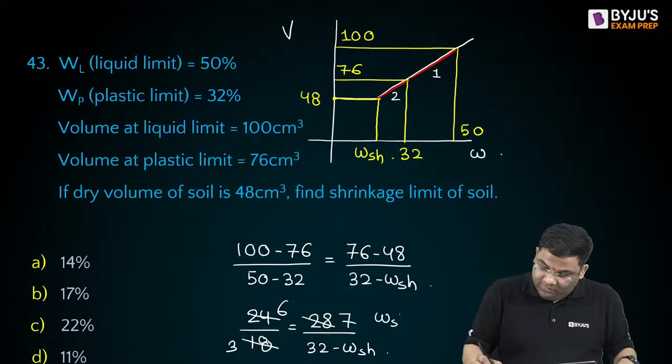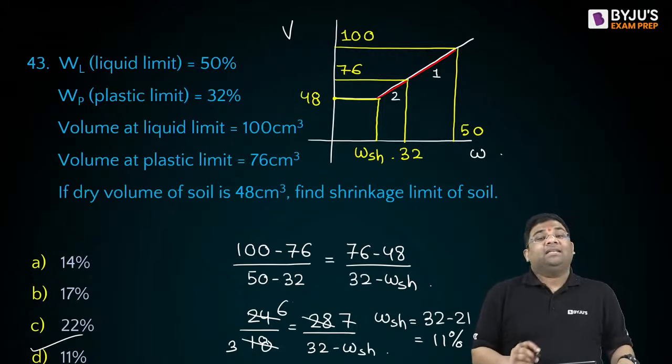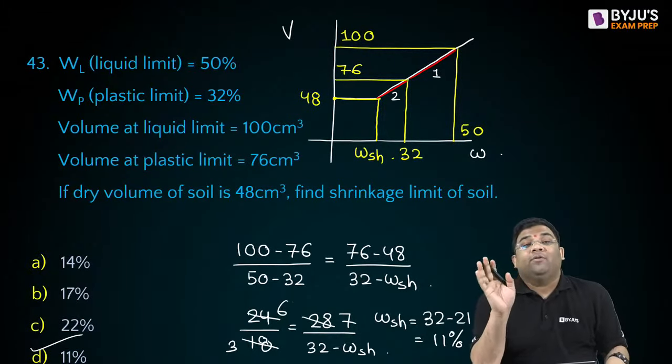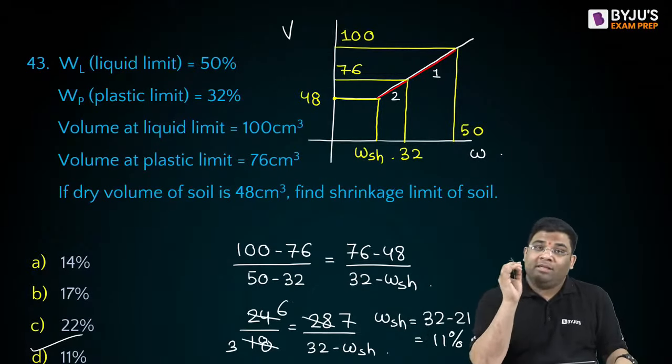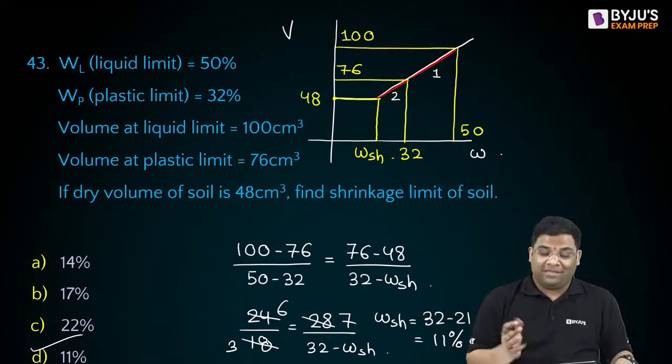So WSH will be equal to 21. So 32 minus 21, you're getting 11, right? Understood this question? So they can ask a question like this. Now if you understood the concept, you can solve this question in less than 1 minute. And they can ask this question in GATE also.